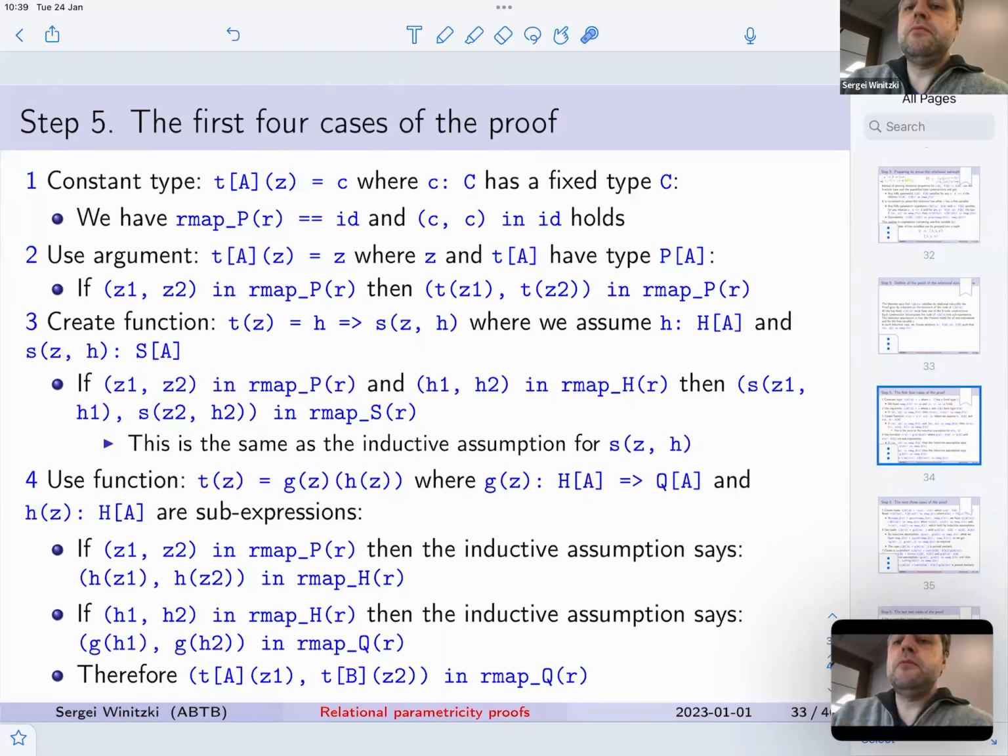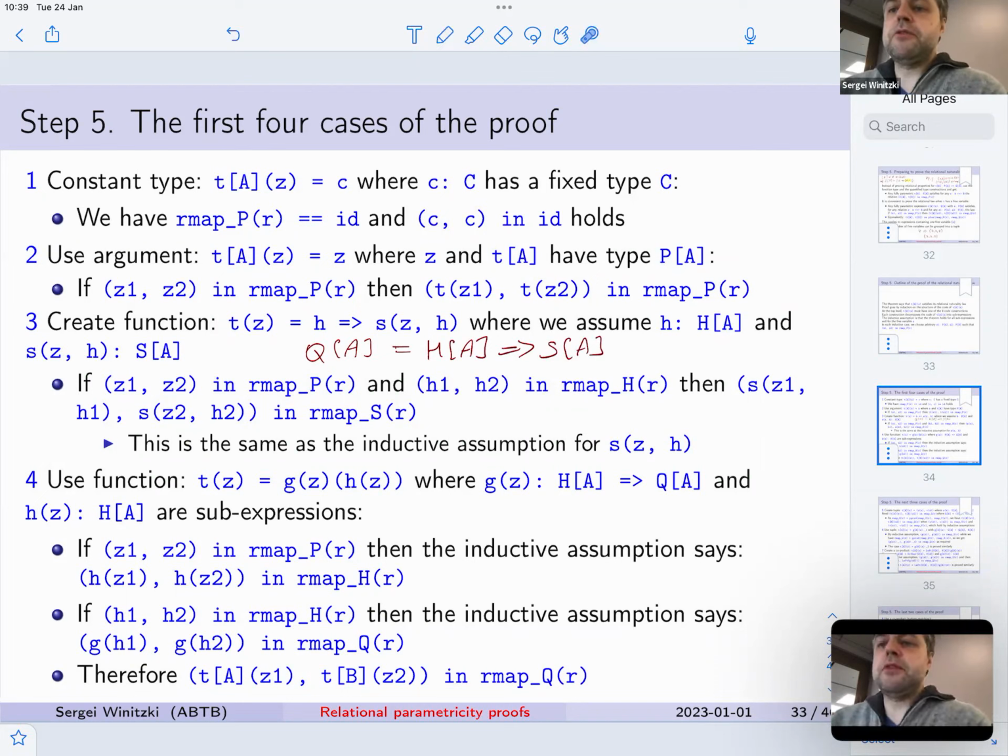S could be also of a different type. And the type Q here, the type of T of Z, is H of A to S of A, where H and S are just arbitrary new different type expressions.